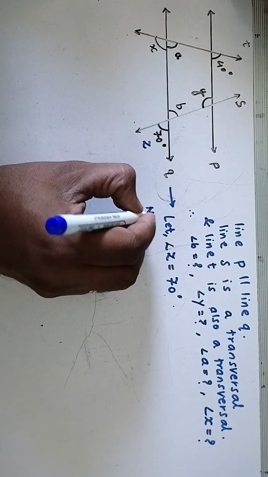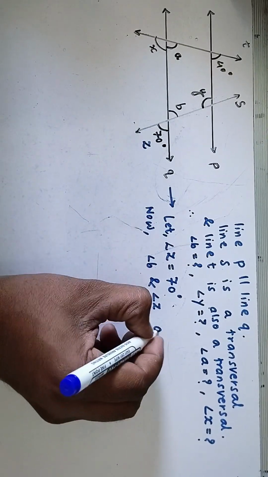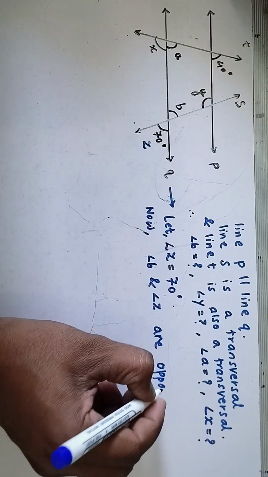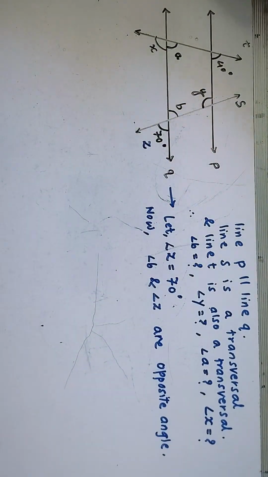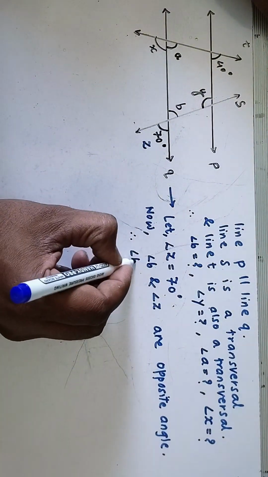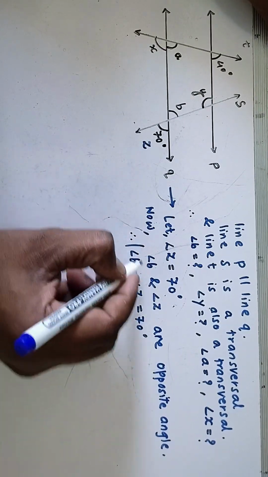Now we can say angle B and angle Z are opposite angles. So from this we got to know angle B is exactly equal to angle Z equal to 70 degree.